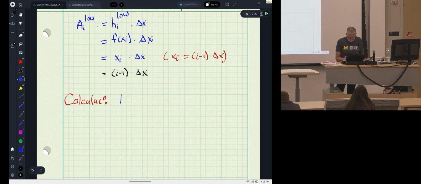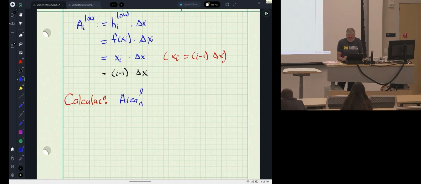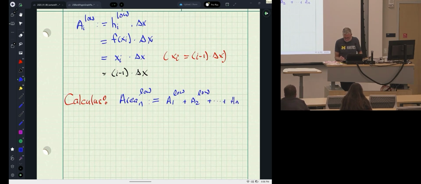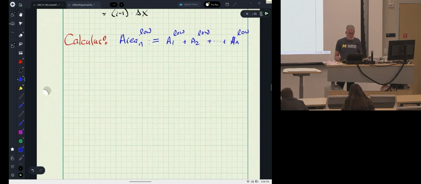We're going to define area n low, the lower approximation, is by definition equal to A1 low plus A2 low plus dot, dot, dot, An low. Now comes a bunch of algebra.